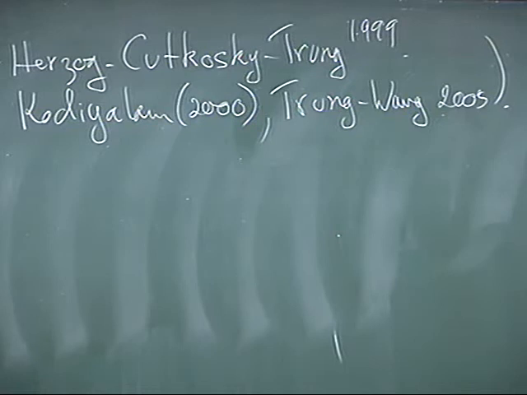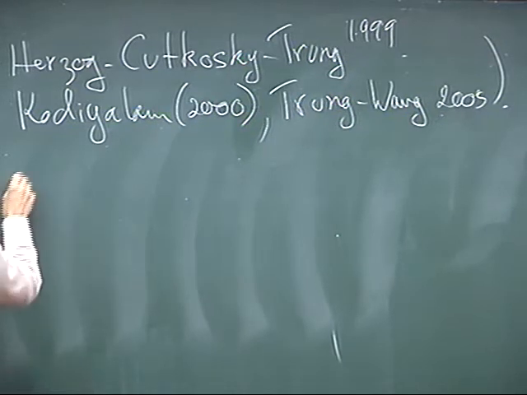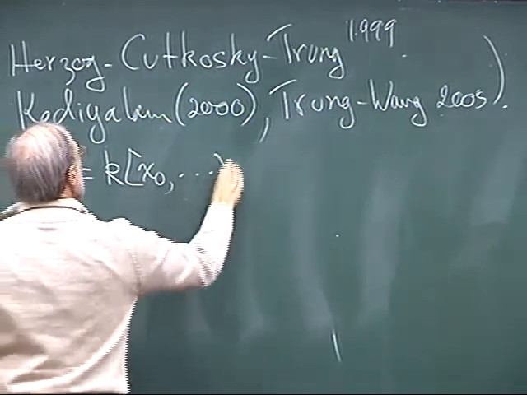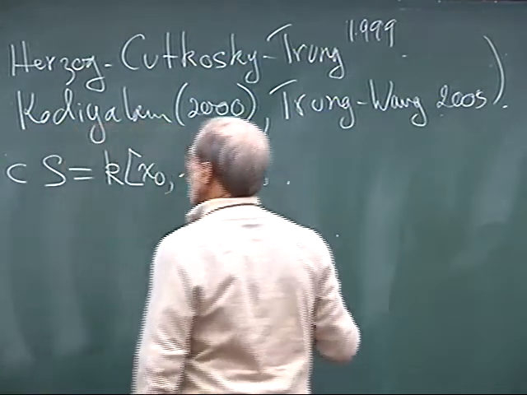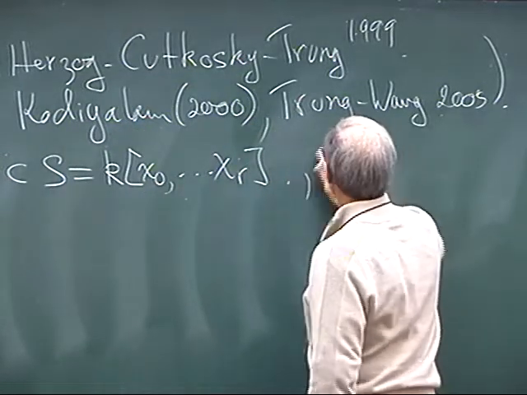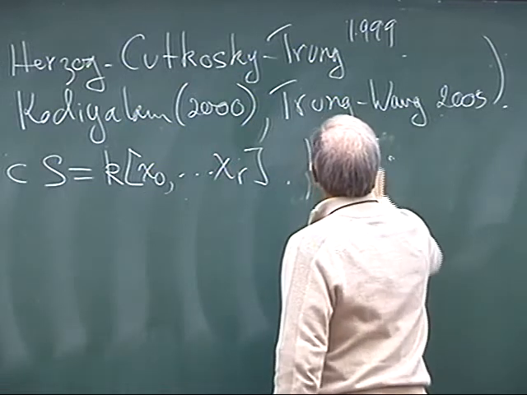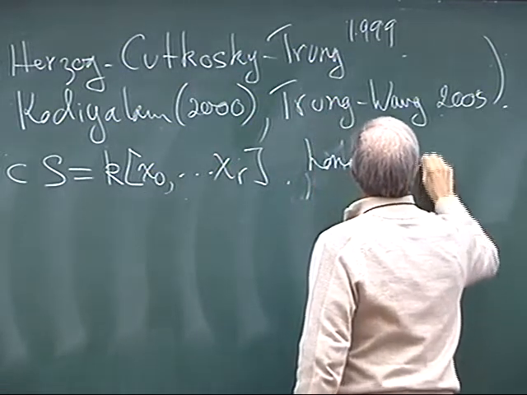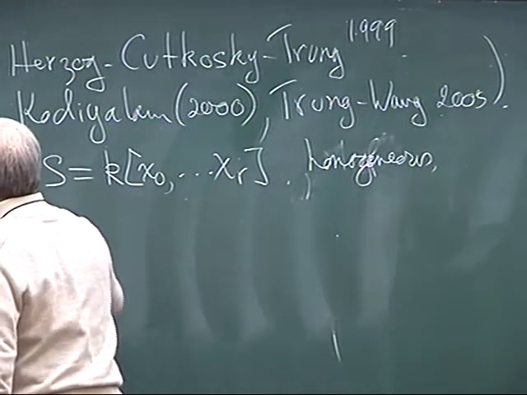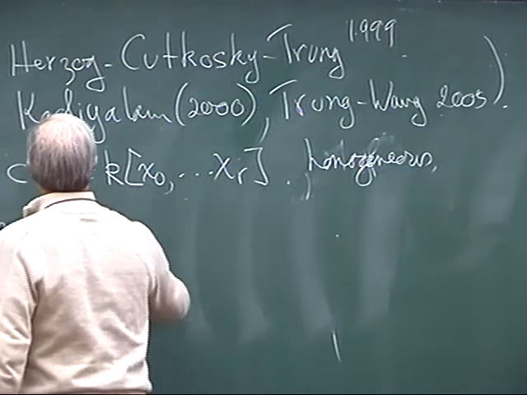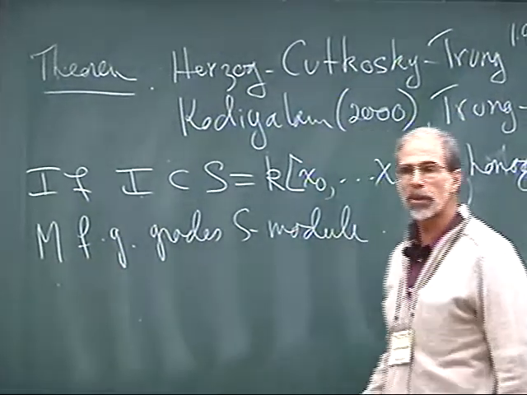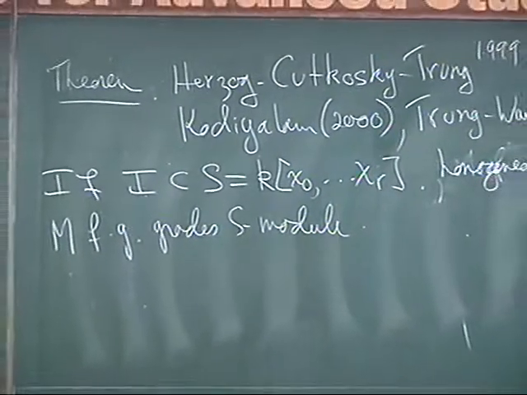So if I in, let's say, S, which is the polynomial ring over some field, in r plus 1 variables, is a homogeneous ideal, and M is a finitely generated graded S-module. You should think about the case where M is the homogeneous coordinate ring of some variety. That's the most interesting case.